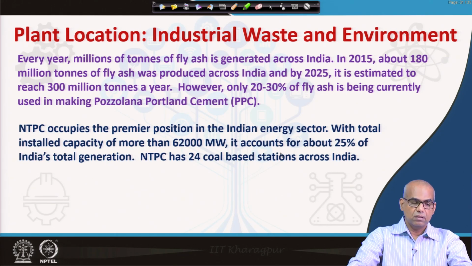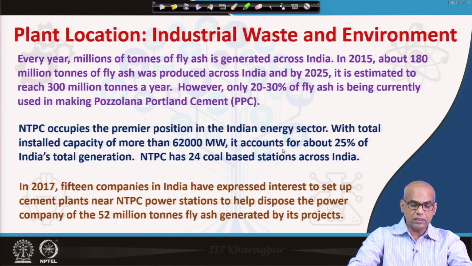NTPC, the National Thermal Power Corporation, occupies the premier position in the Indian energy sector. With total installed capacity of more than 62,000 megawatt, it accounts for about 25% of India's total generation. NTPC has 24 coal-based stations across India.